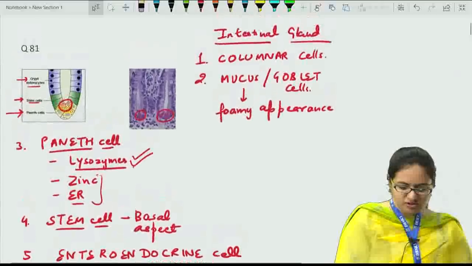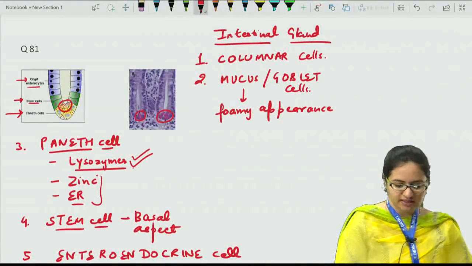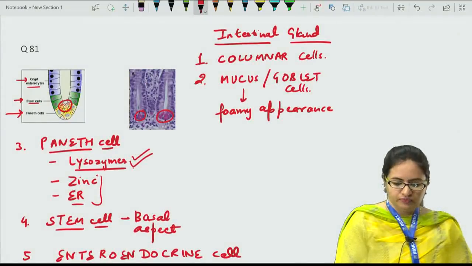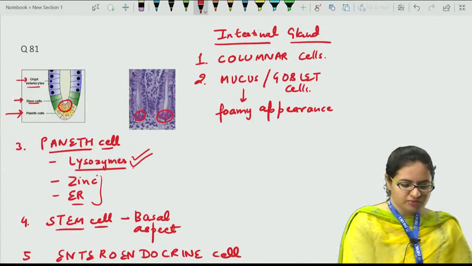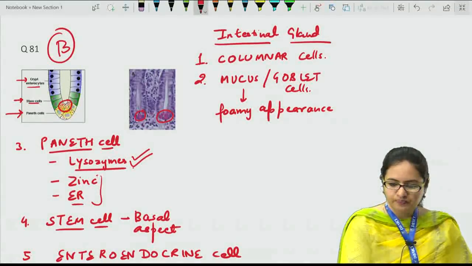The Paneth cells, as we have just talked about, secrete antimicrobial enzymes, and they also release other things like tumor necrosis factor and defensin. Due to this, they have antimicrobial activity and maintain the intestinal flora. So for question number 81, the answer is B, that is the Paneth cell.